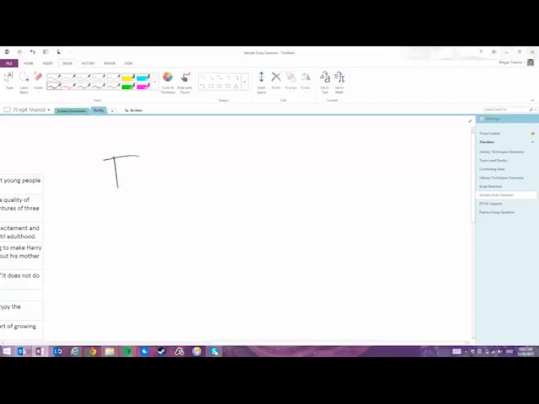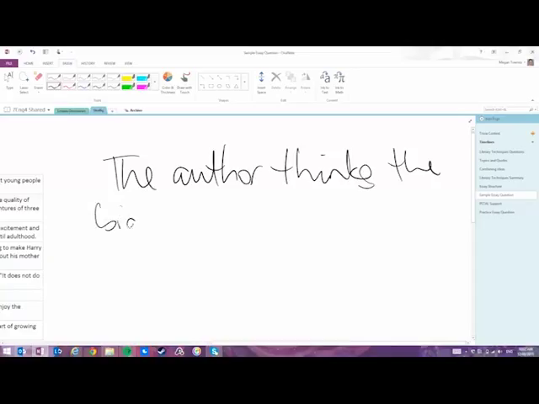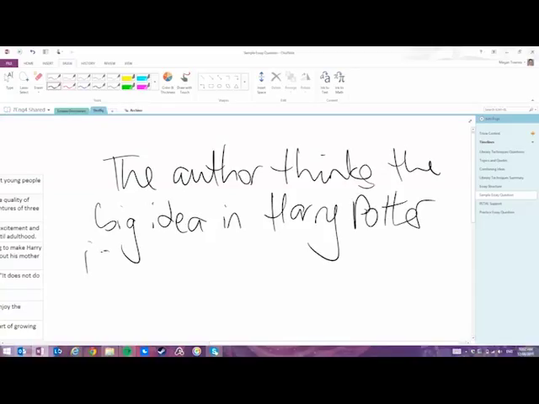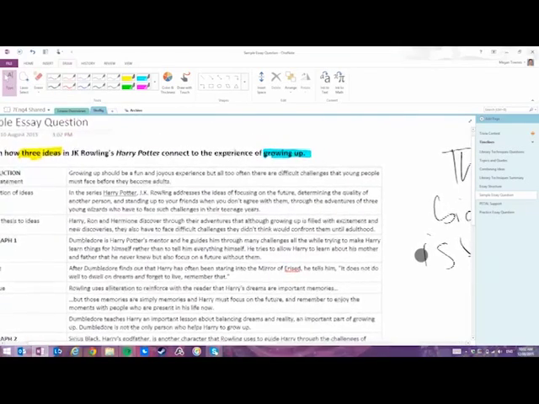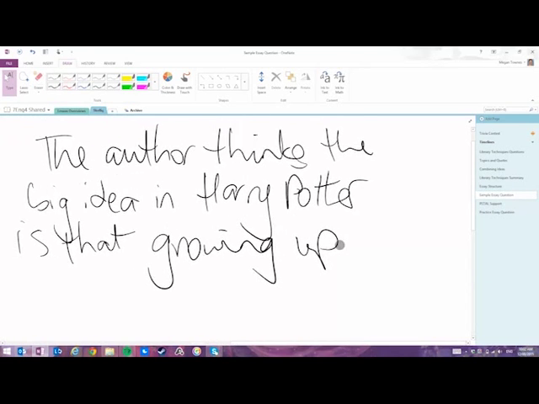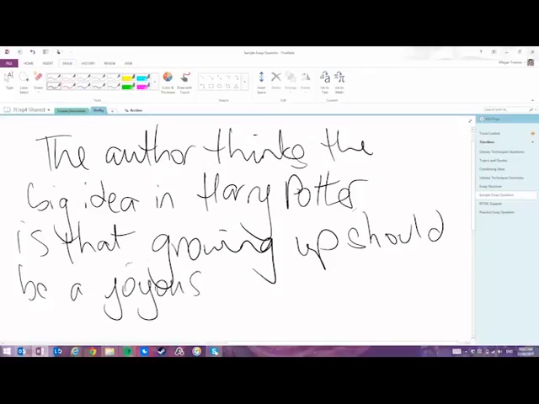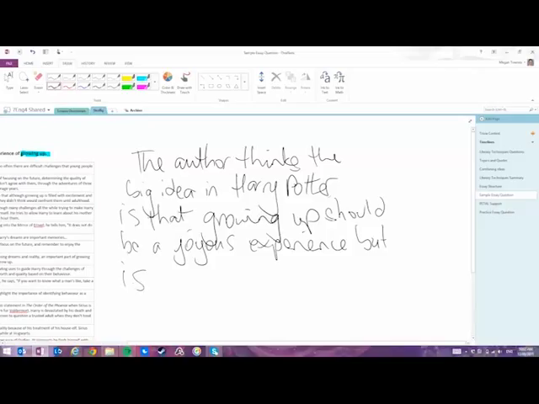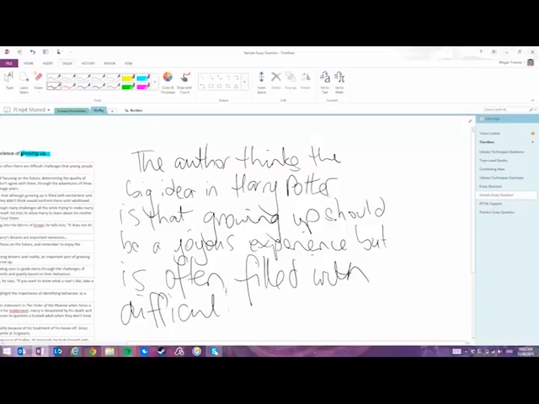So the author thinks the big idea in Harry Potter is that growing up should be a joyous experience, but is often filled with difficult challenges.